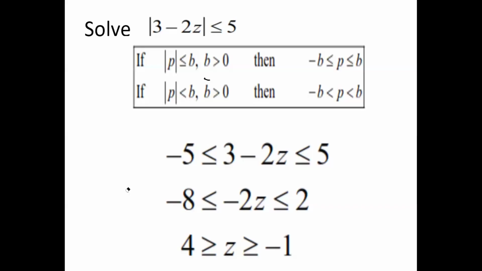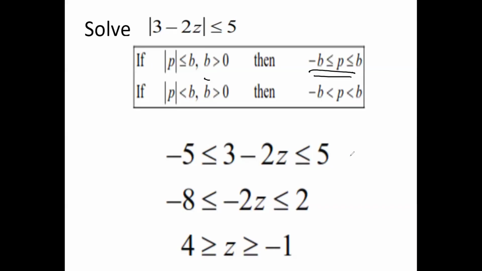So look at this one. You have to solve the modulus of 3 minus 2z is less than or equal to 5. We apply the condition, so we write 3 minus 2z is greater than or equal to minus 5, but less than or equal to 5.